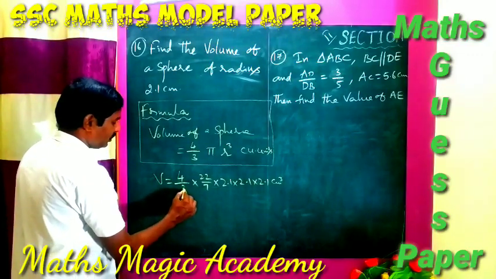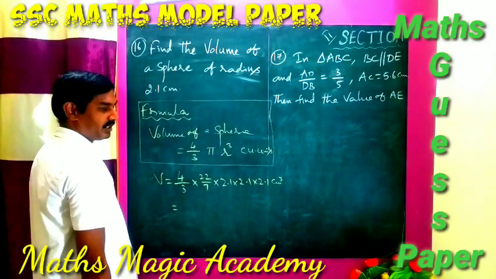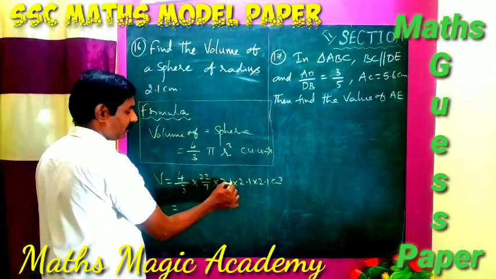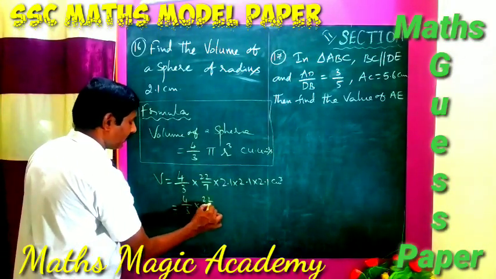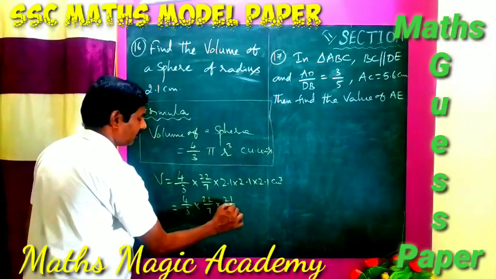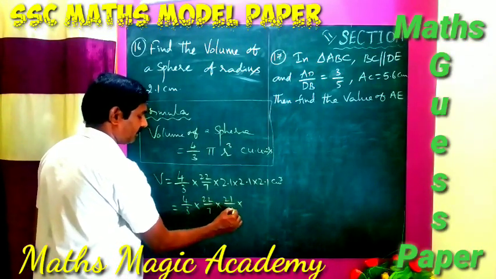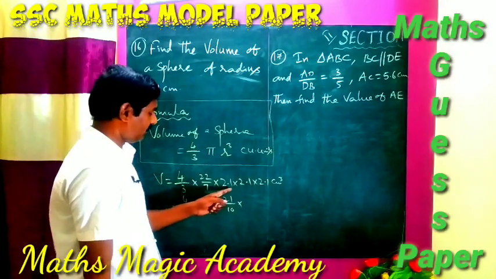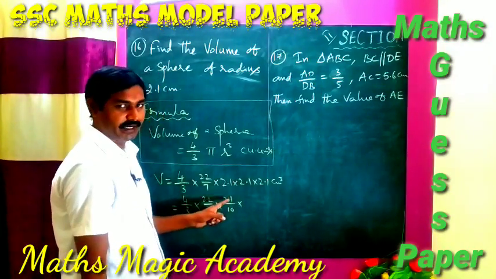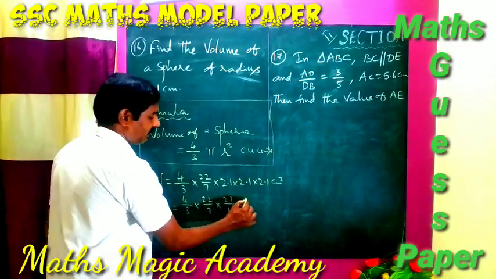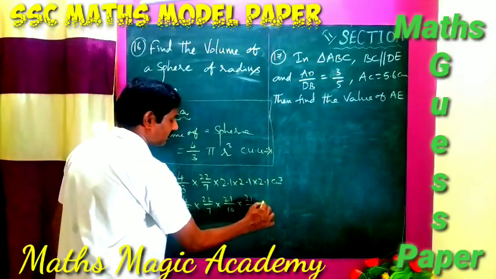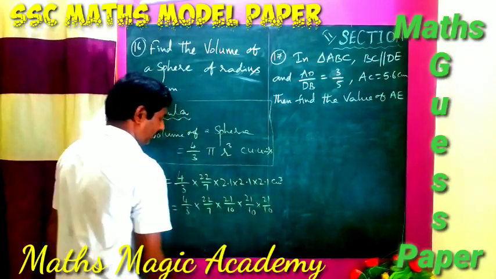So now, 3 7s are 21. Here also 2.1 is there. So 4 by 3 into 22 by 7 into 21 by 10. We can write 2.1 as 21 by 10, since 2.1 into 10 by 10 gives 21 by 10. Here also 21 by 10, and here also 21 by 10.